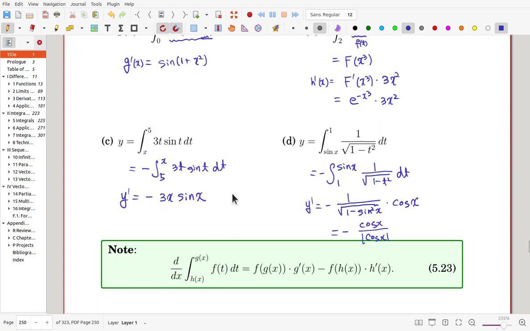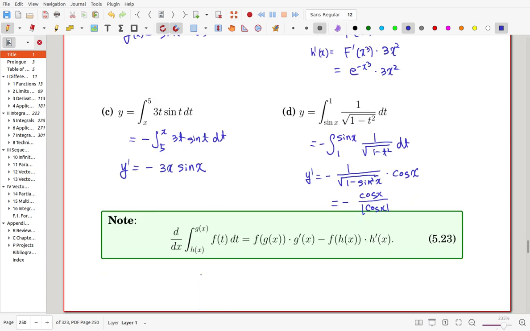If you consider, for example, an integral, this portion is the same as the integral from a to g of x, plus the integral from a to h of x. You can write it in this way.